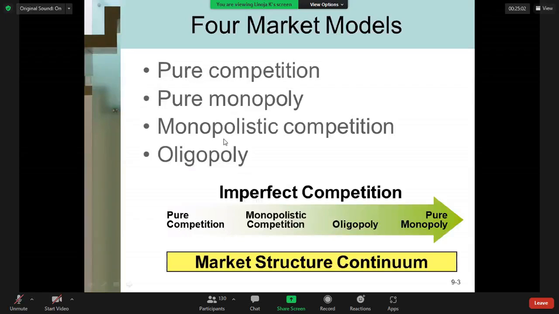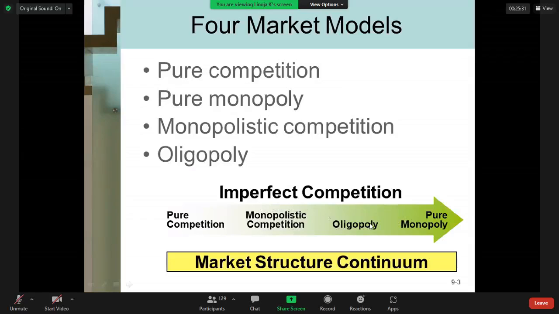Here we see a word, pure competition or perfect competition. Perfect competition means there is 100% competition in that market, right? So it starts with a pure competitive market. And when you see this arrow mark, the degree of competition is going less.